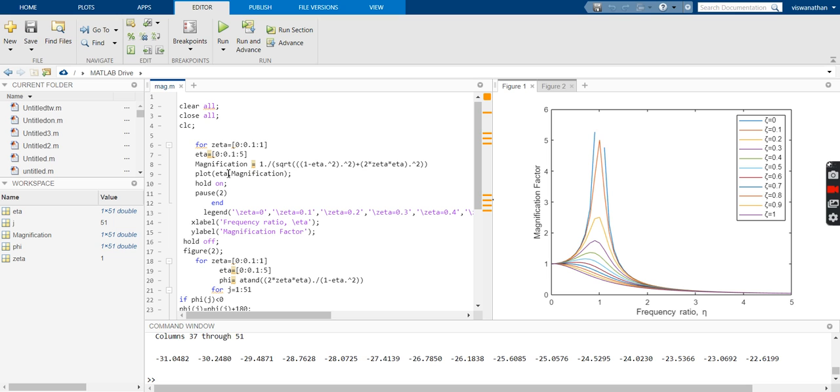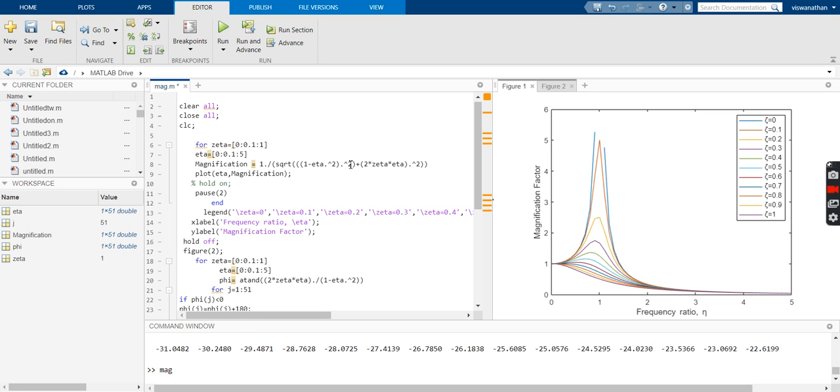Whenever you're plotting, make sure that the first is the x axis, that is eta, and the y axis is the magnification factor. The hold on code is used for plotting in the same graph. Suppose I comment it, if I remove this hold on, what happens when we run the code?